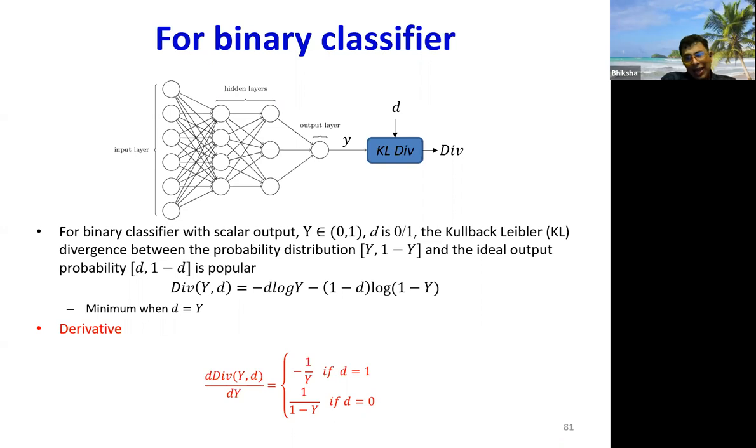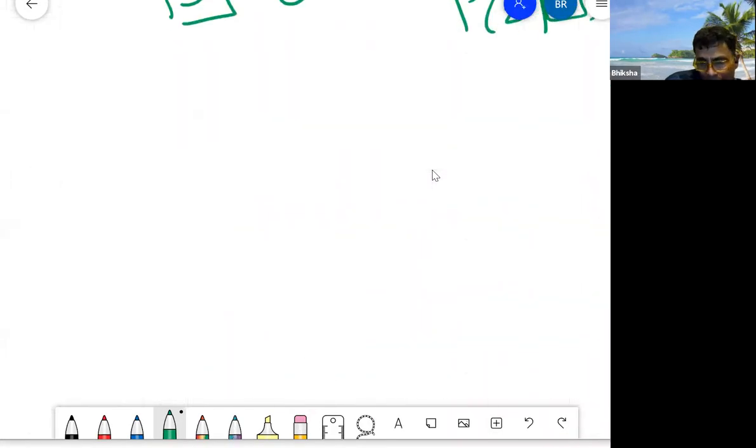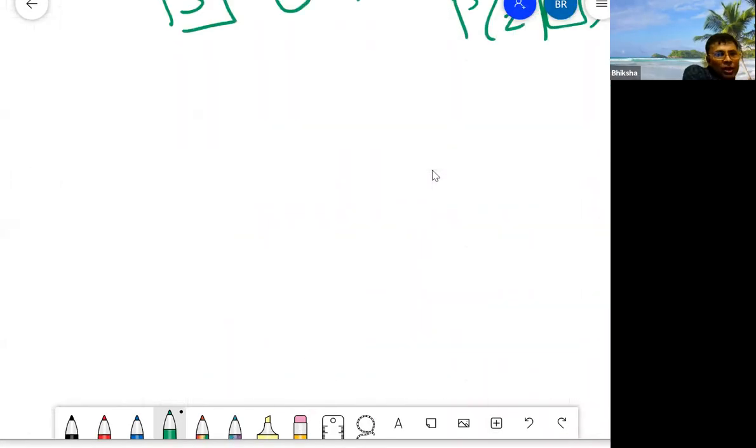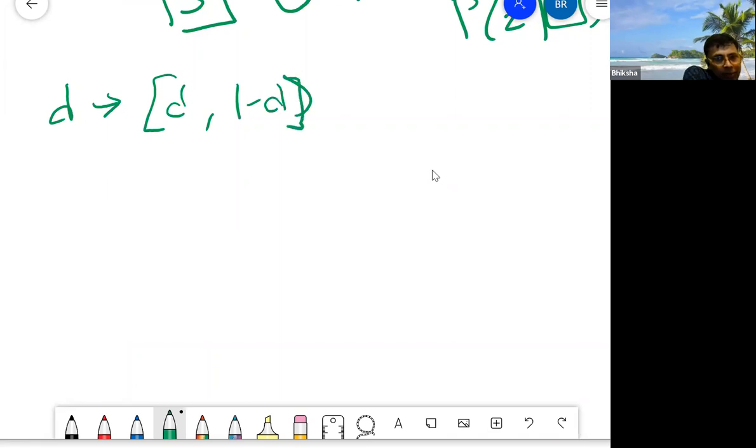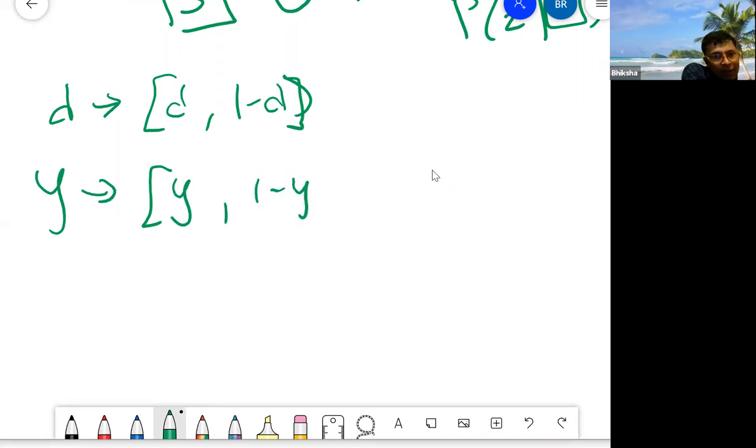And now the Kullback-Leibler, at this point, the target output has been mapped onto this vector, D and 1 minus D. The output of the network can similarly be mapped onto this vector Y, 1 minus Y. This is the estimated probability that the input belongs to the target class.